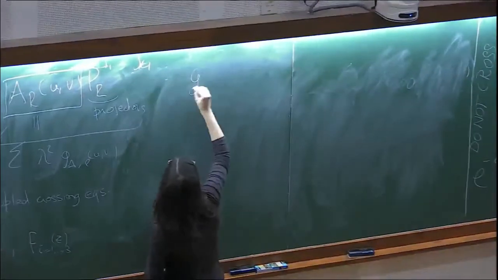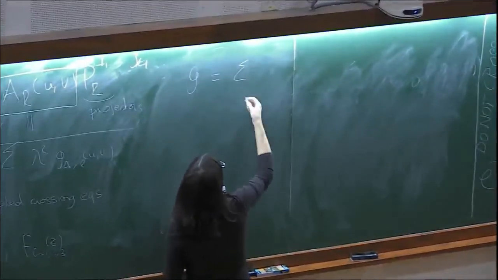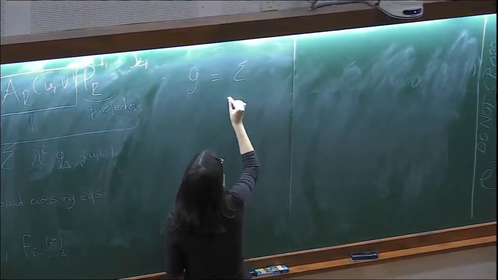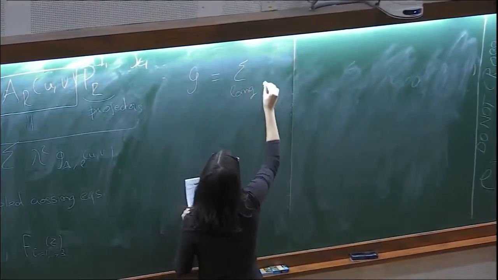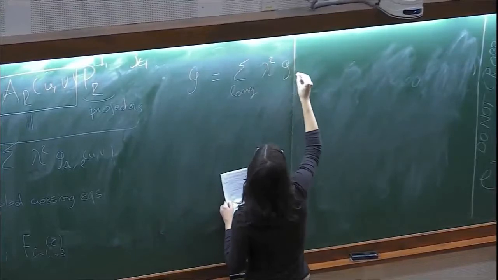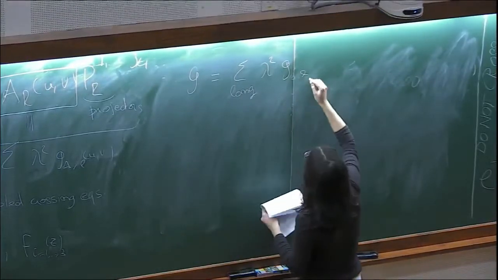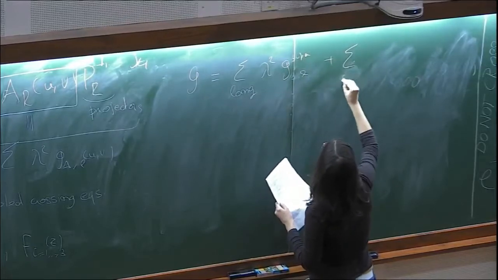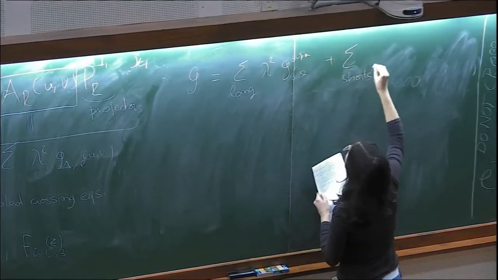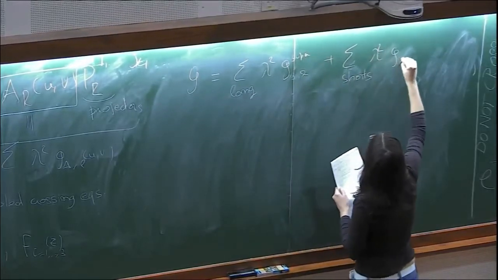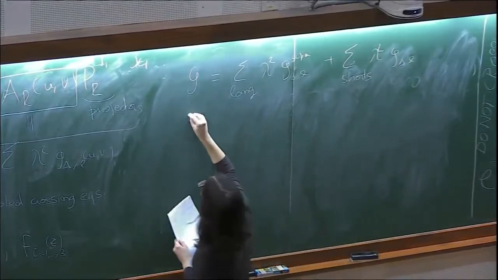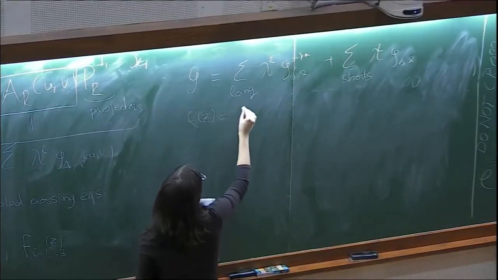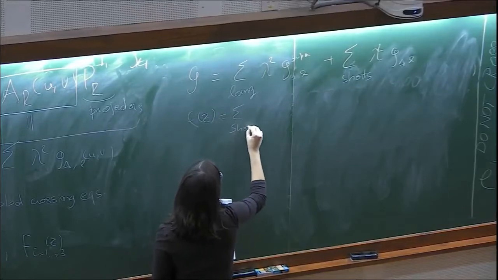So G will have some decomposition now in superblocks, where you have to sum over long multiplets with some blocks. And let me not write down what they are. Plus some short operators. While F gets contributions only from short.